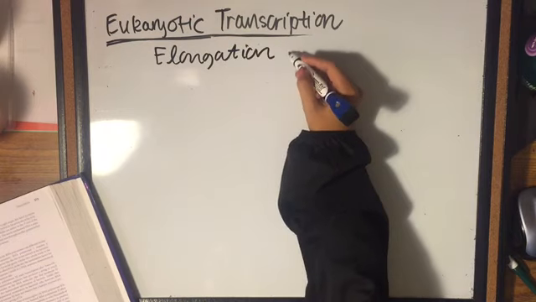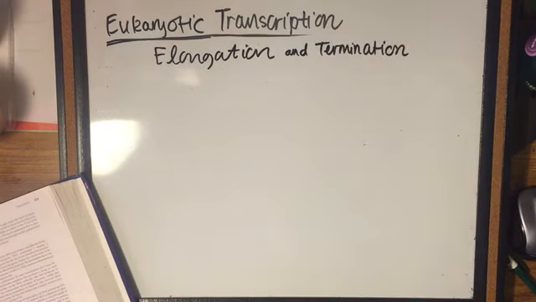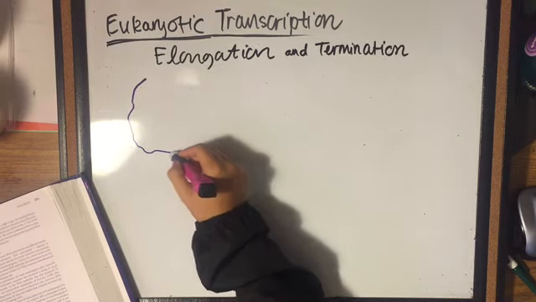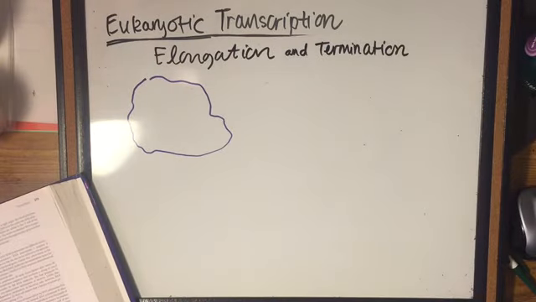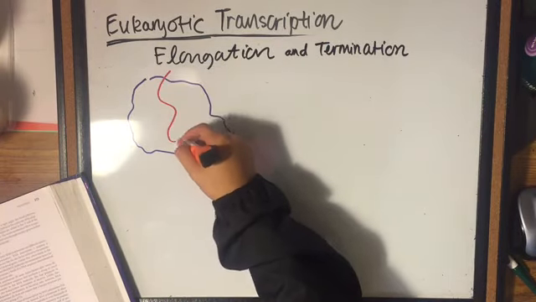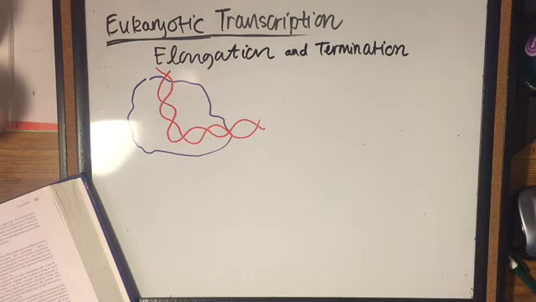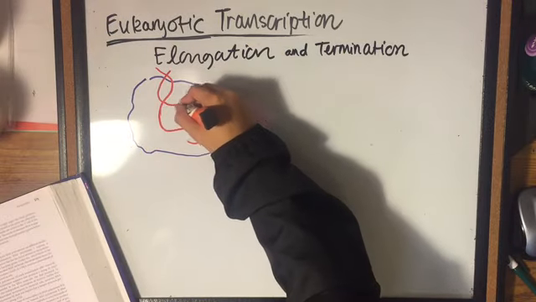Now let's talk about elongation and termination. The DNA double helix enters a cleft in the polymerase and is gripped by jaw-like extensions of the enzyme. The two strands of DNA are unwound, and RNA nucleotides that are complementary to the template strand are added to the 3' end of the growing RNA molecule.